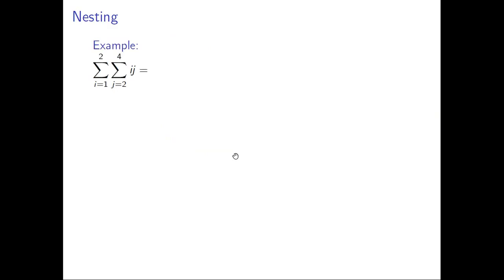Here's another example, a more tricky example. The sum from I equals 1 through 2 of the sum from j equals 2 through 4 of I times j. First I'll show you how to do it by expanding the inner sum first.